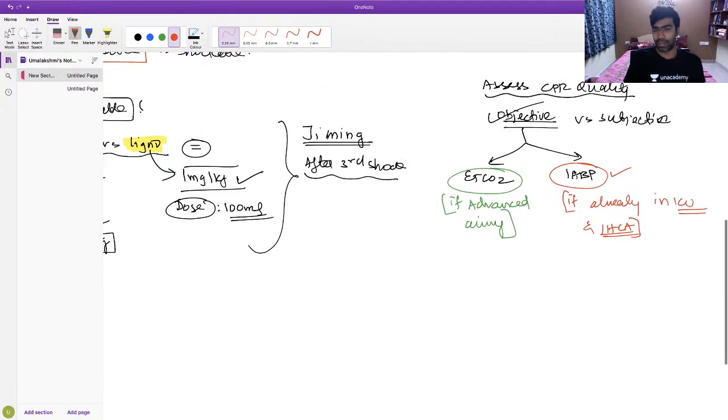Then IABP also becomes really good. As far as the ETCO2 is concerned, can anyone tell what is the amount of ETCO2 that you have to achieve as far as cardiac arrest is concerned?